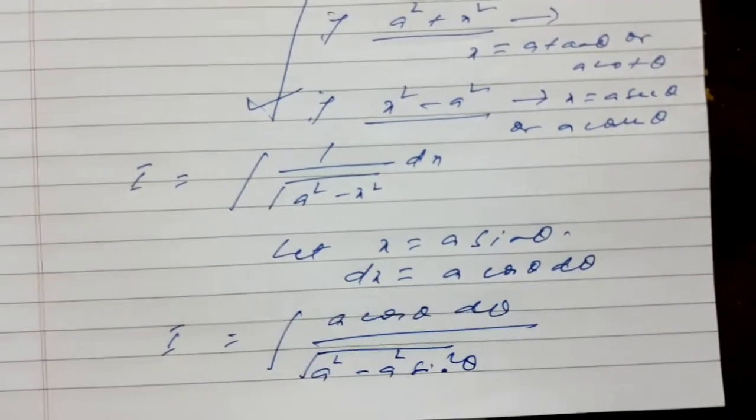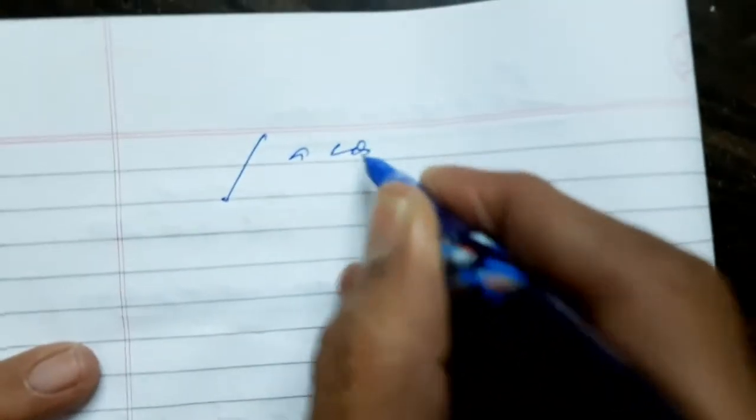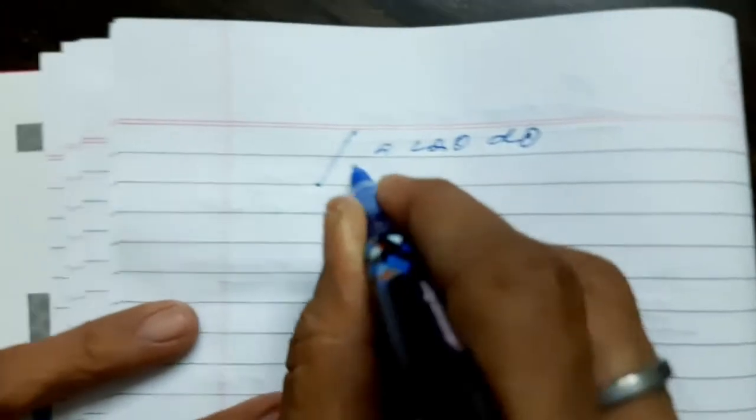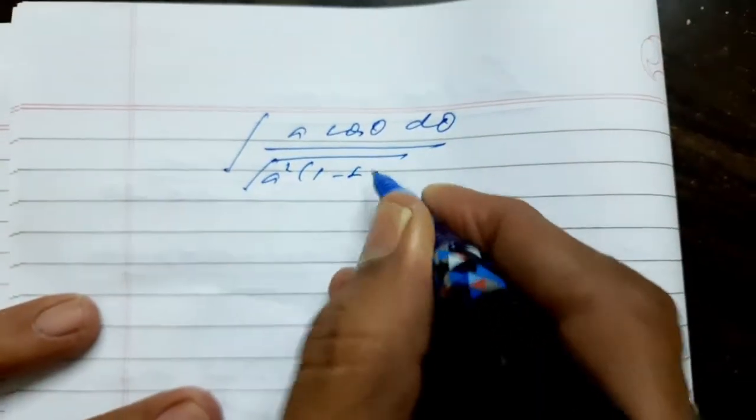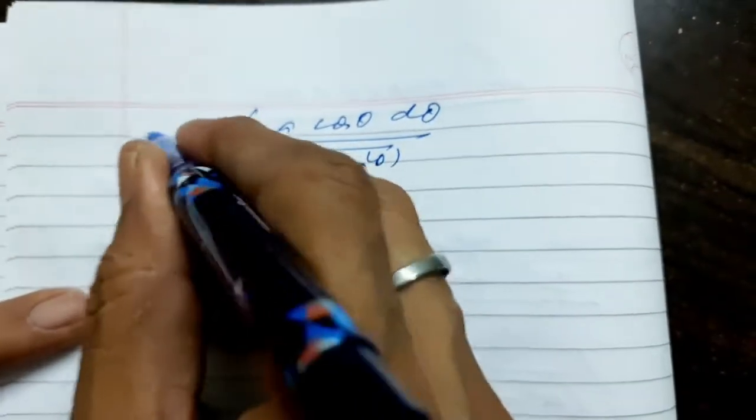That is a cos theta d theta upon root under a square times 1 minus sin square theta.